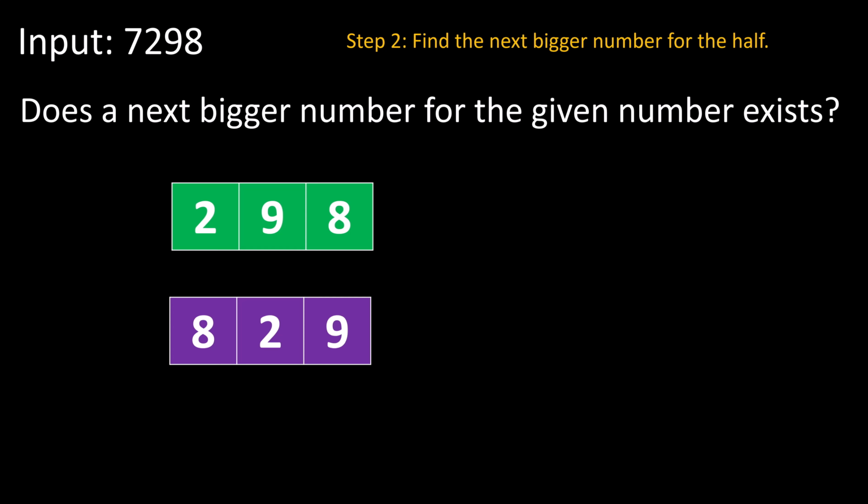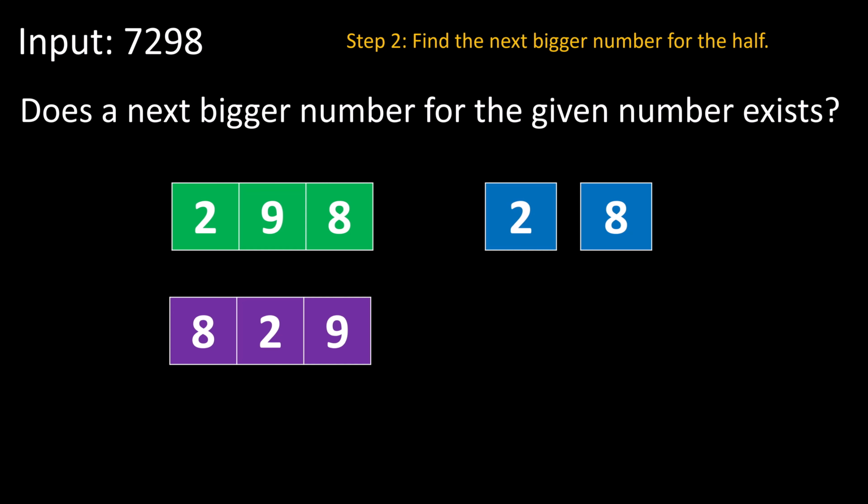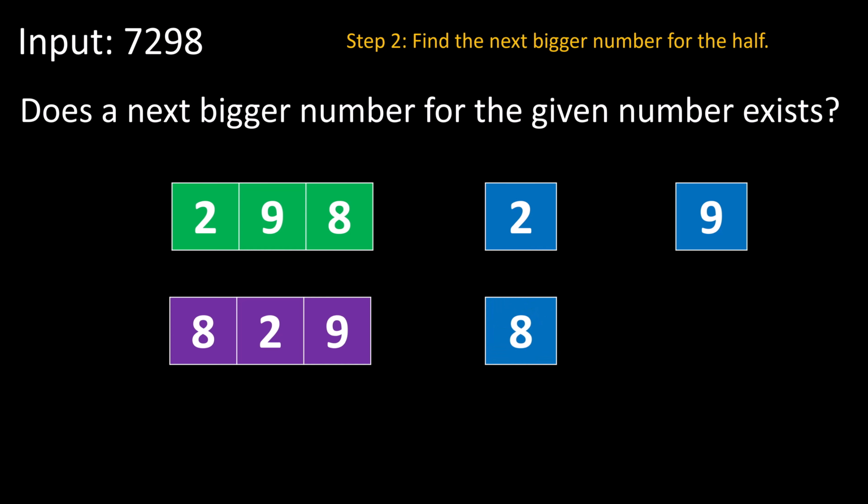Let's split all the digits that we have. We have 2, we have 8, we have 9. Coming to the question of finding the next greater number, the next greater number for 298 will be a number which is greater than 2. In this particular set of digits, the number greater than 2 is 8. So we take out 8 from this set.